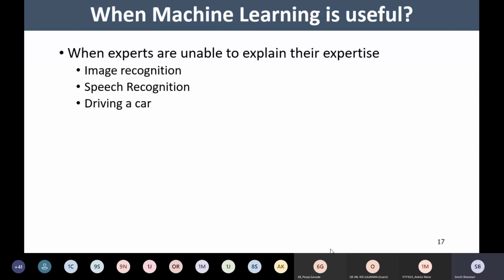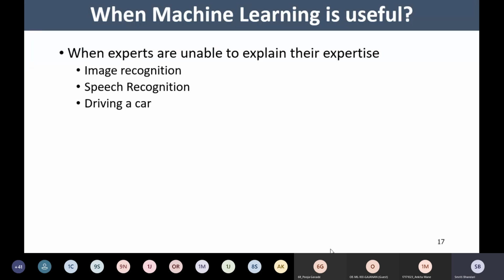Even though there is a change in the appearance of a person, it is possible for us to recognize that person. Am I correct? Yes, ma'am. Even a child is able to recognize the parents.